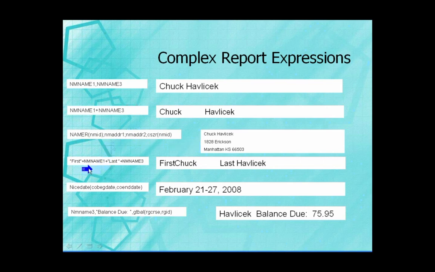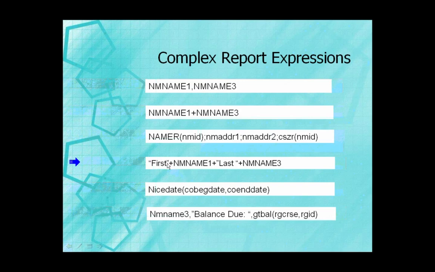Let's go on down. This is an example where we had text using the plus sign with data fields. You'll note a couple of things. In the example, the word first appears, and there is no space between it and the first letter of the first name. That's because, if I go back one, we did not put a space between the T and the closing quote.